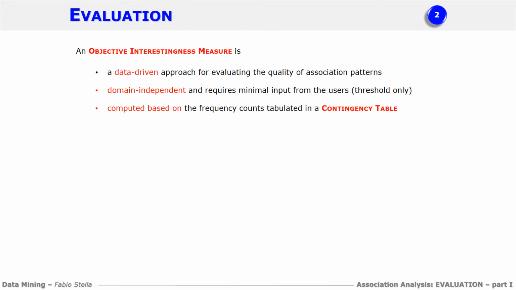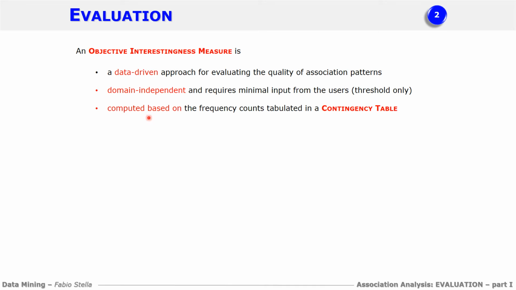We now introduce the concept of objective interestingness measure. An objective interestingness measure is a data-driven approach for evaluating the quality of association patterns. It is domain independent and requires minimal input from the users, typically just the value of a threshold parameter.